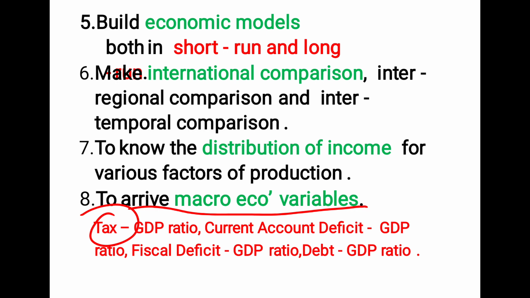That contributes towards our national income. What is our current account deficit? What is deficit? Shortfall of money. Next one, fiscal deficit. Fiscal deficit is nothing but the difference between the total revenue and the total expenditure. Next is the debt. The amount of money that we have borrowed from other sources, so that we call it the debt ratio.